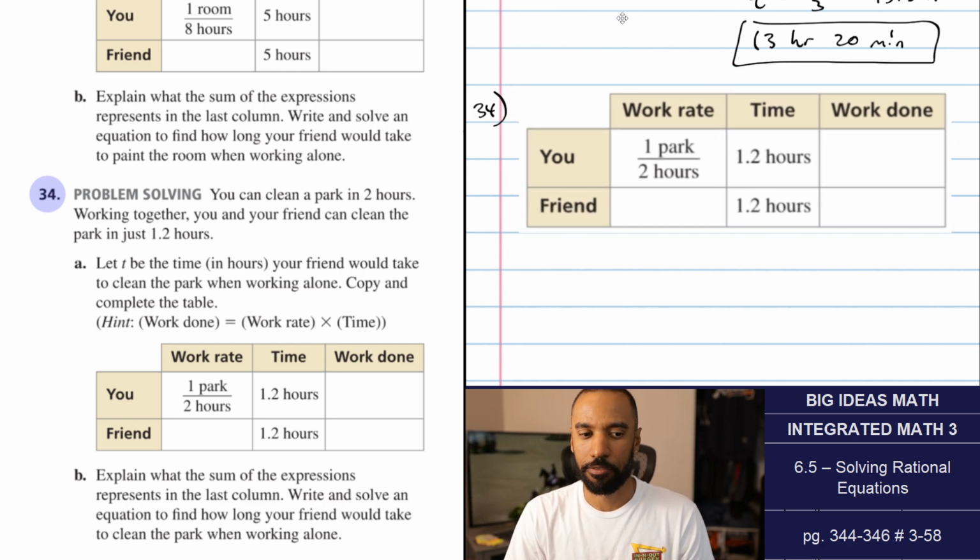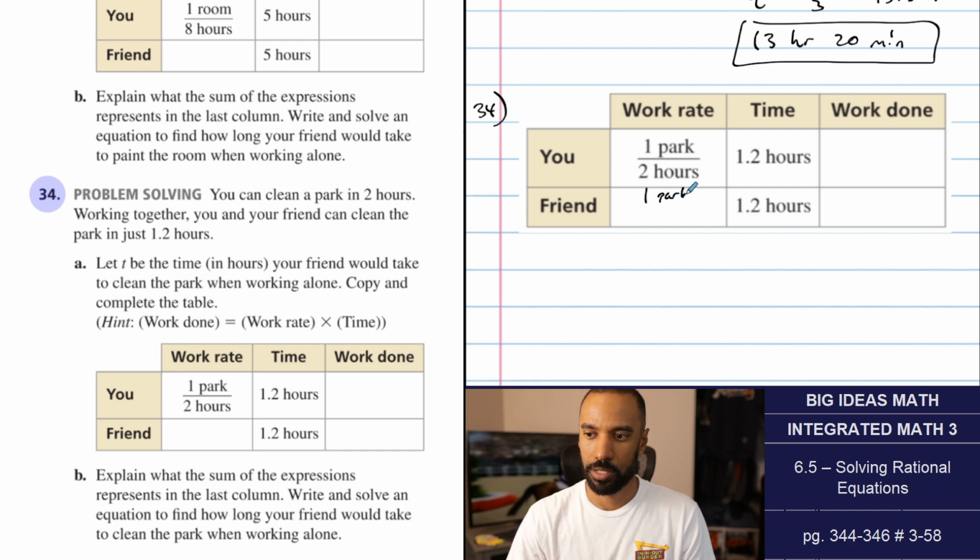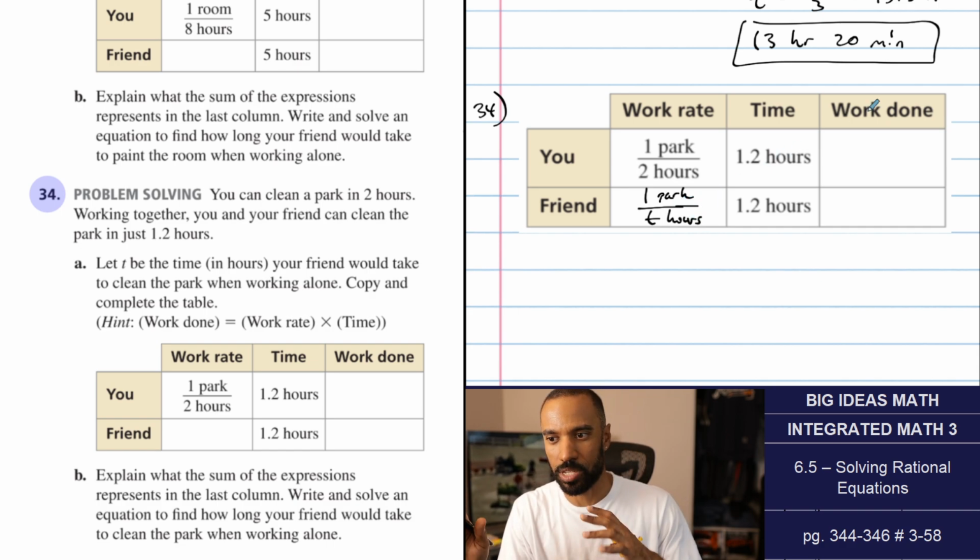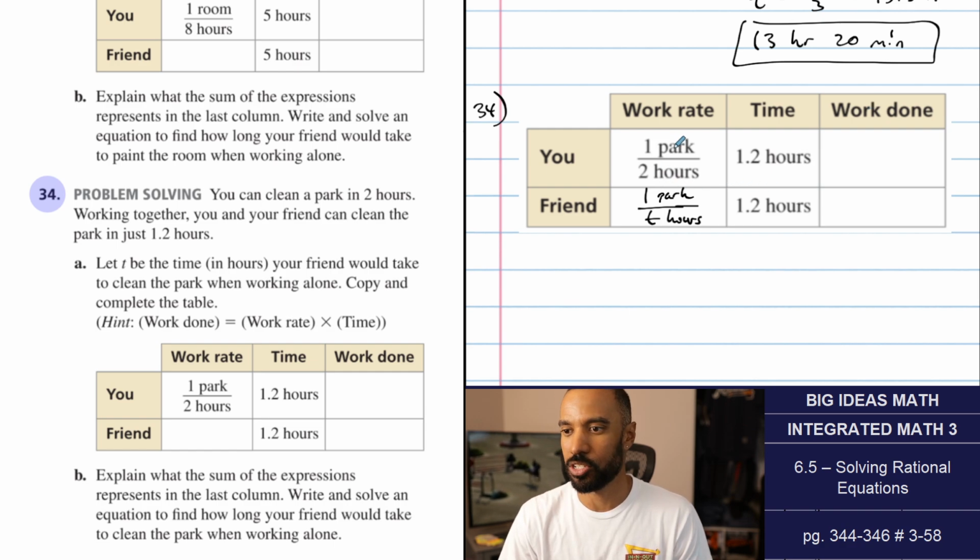Let t be the time your friend would take to clean the park. So 1 park in t hours is their rate. When you multiply by 1.2 hours, it shows how much we do separately as far as park coverage. So 1.2 divided by 2 is also 12 over 20, which reduces to 3/5.